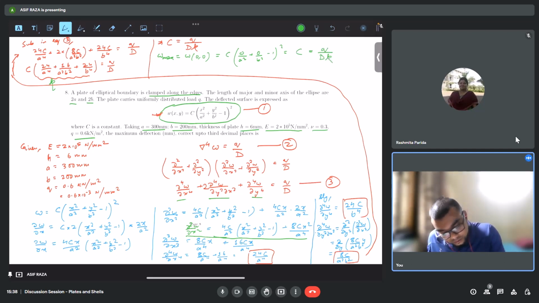So what is D? D is the flexural rigidity of the plate, which is E h cube upon 12 times (1 minus mu square), which is 2 into 10 power 5 times h is 6 cube upon 12 times (1 minus 0.3) whole square.